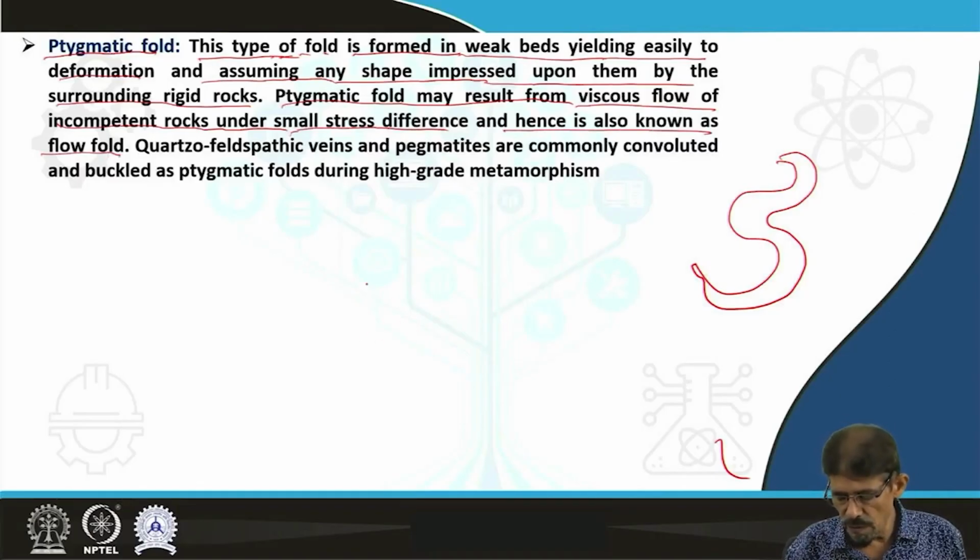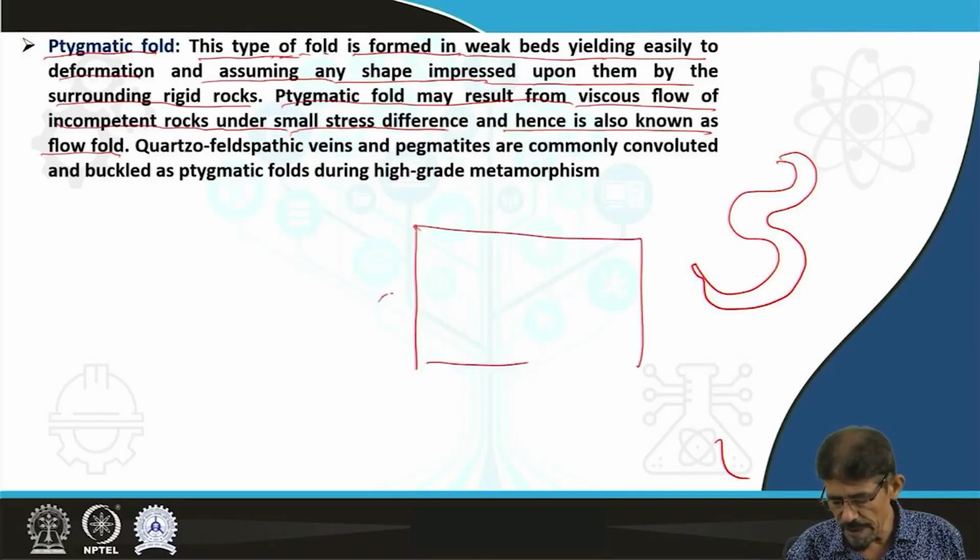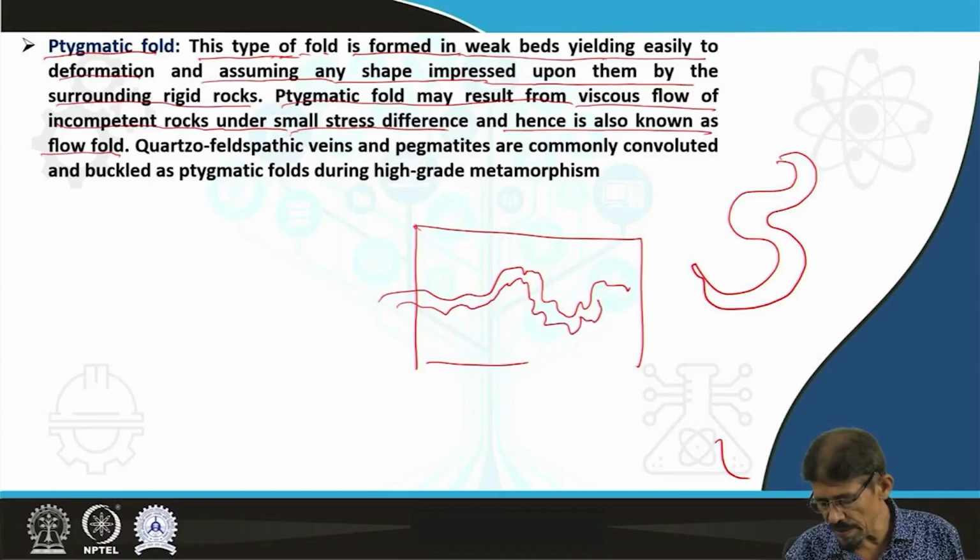The flow material in incompetent beds is injected where it gets sufficient space, then starts expanding, and in this way this type of fold takes the path of snake movement.